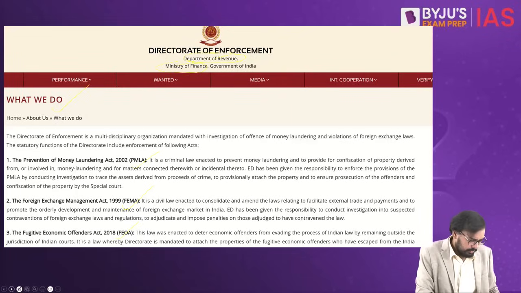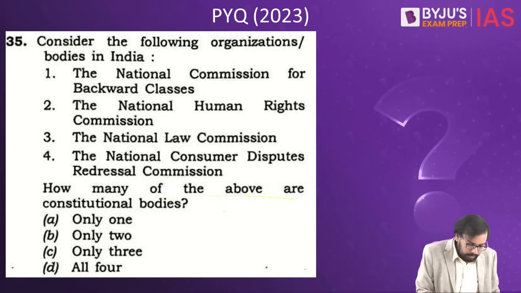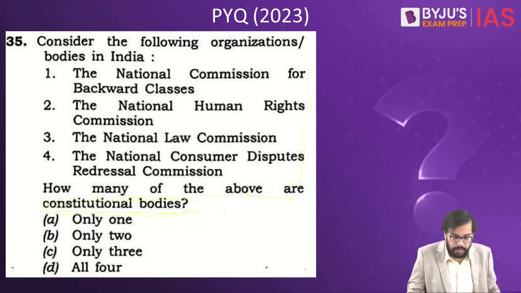Fine. So now let us take the PYQ. Consider the following organizations or bodies in India. How many of the above are constitutional bodies? You have to identify which of the following are constitutional bodies. The National Commission for Backward Classes, NCBC. Is it a constitutional body?